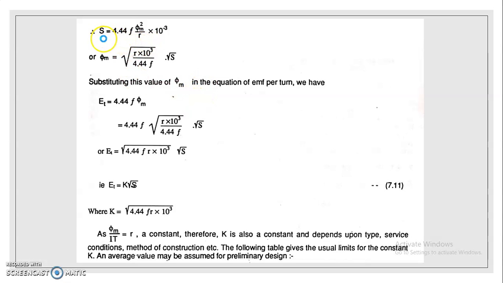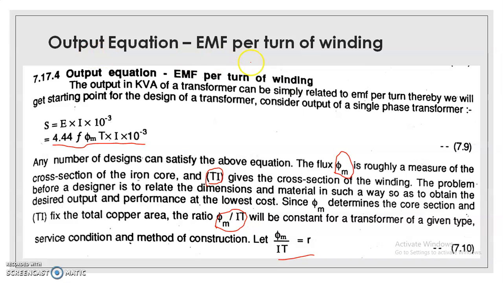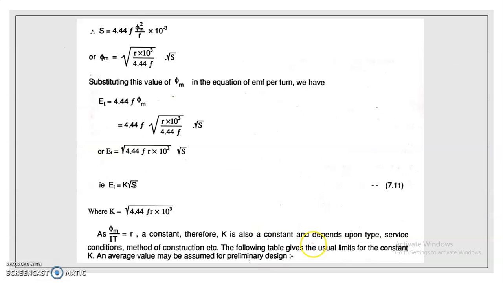So the equation 7.9 you can rewrite with the consideration phi m upon I into T is equal to R. You can write here S is equal to 4.44 f phi m square upon R into 10 raised to minus 3. How is it coming?